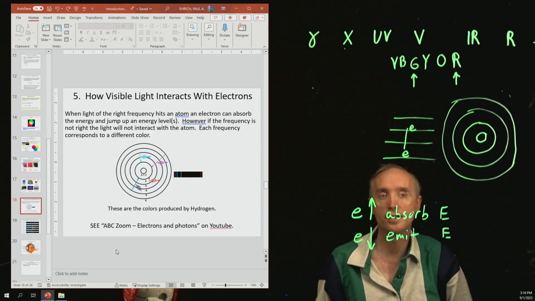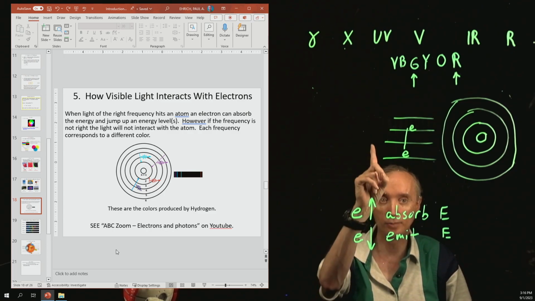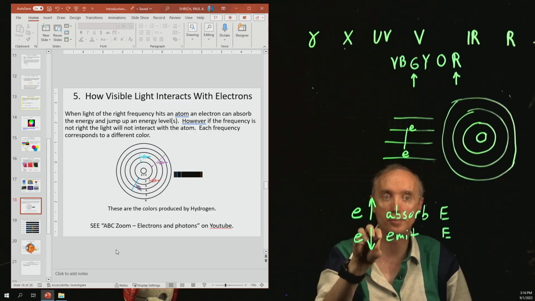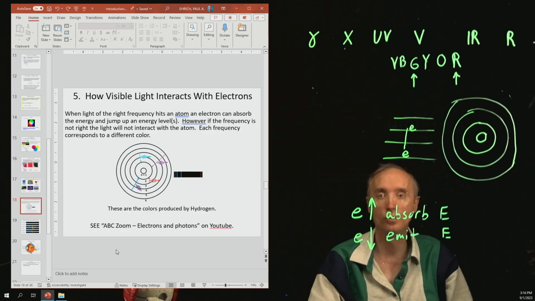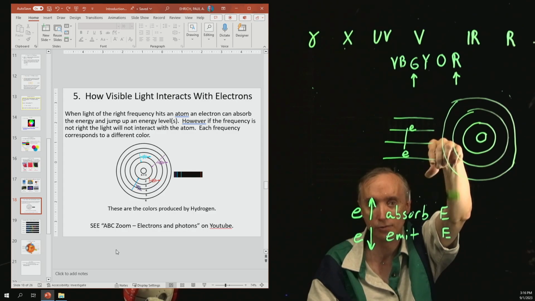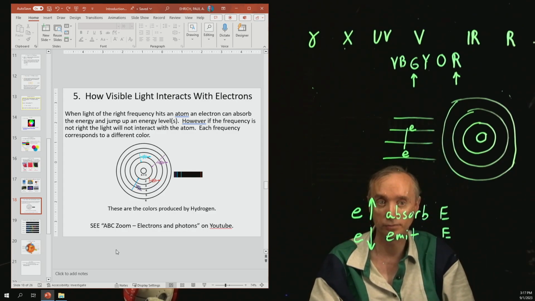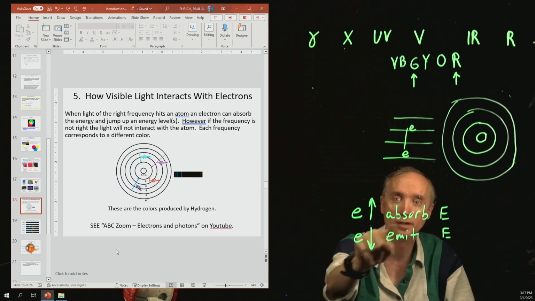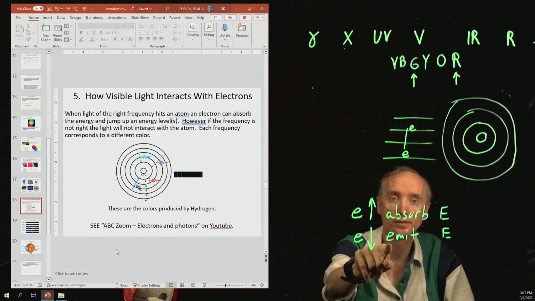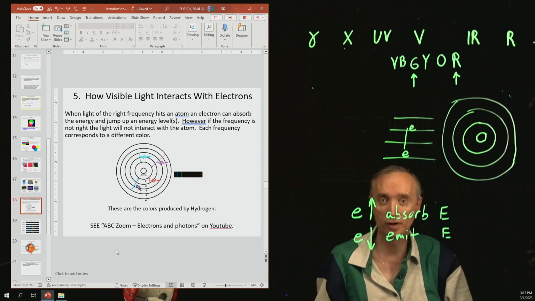I also said that if electrons absorb energy, they're going to go up. So they're going to try to jump up in their energy levels. And then when an electron comes back down, it's going to emit energy. So electrons, when they go up, absorb energy. Electrons, when they go down, are going to emit energy. Where could this energy come from?